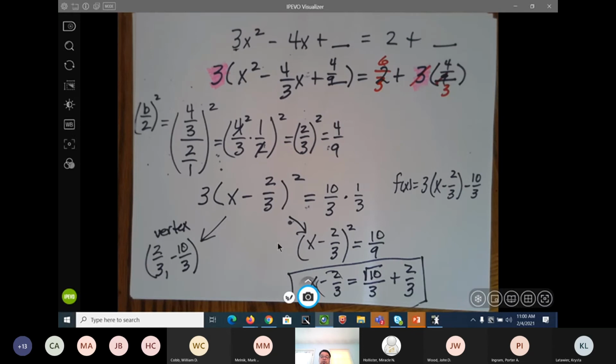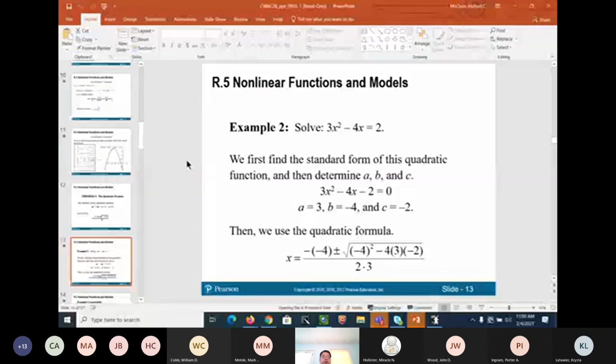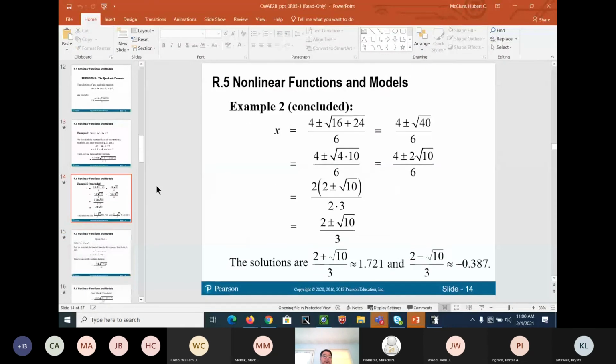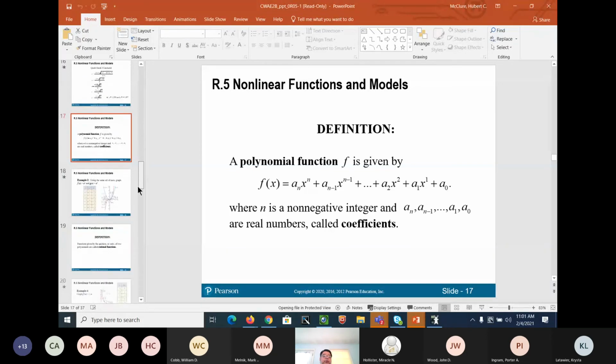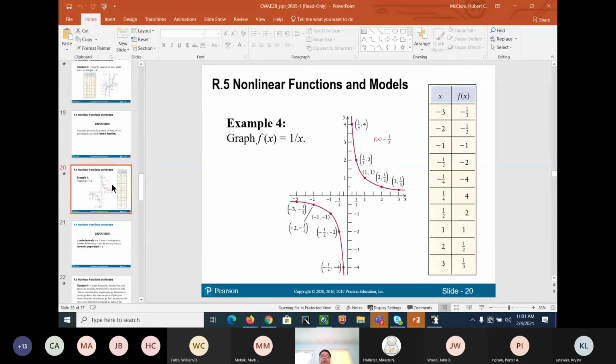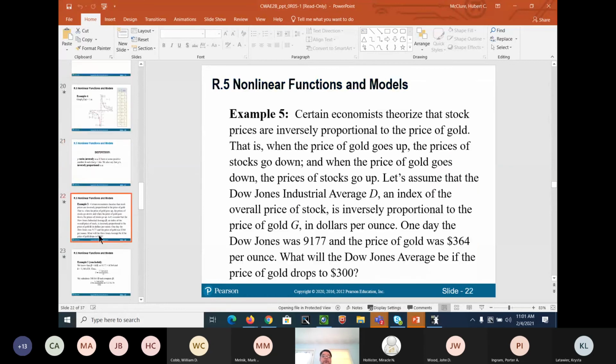So just to show you that we are on track, that is what they're doing in R5. And let's see. Now they're showing you the family of graphs, and we've already done that. Okay, y varies inversely.